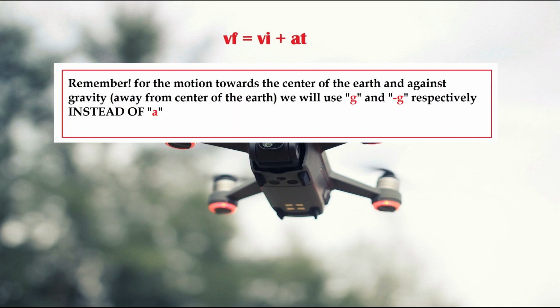One thing we have to remember is that the acceleration A is usually used for bodies that are moving horizontally from A to B, like on the road, not vertically, not towards the center of the earth, or away from the center of the earth.